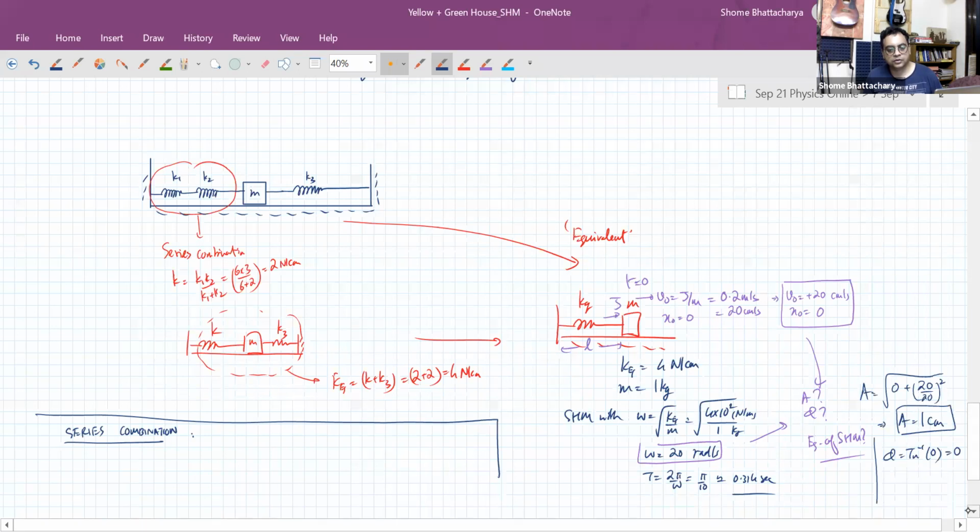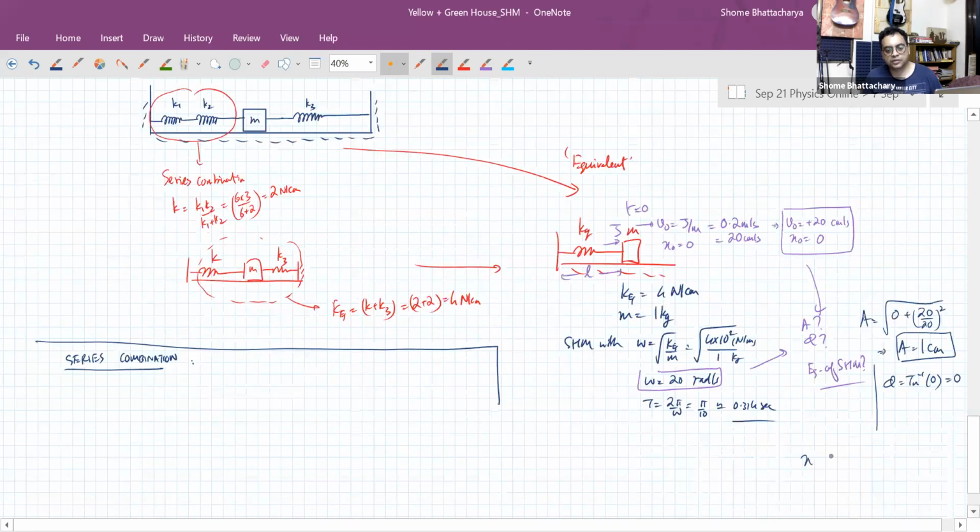Take that as 0. So our equation of SHM will become A sine omega t. Now the amplitude is 1 centimeter and omega is 20 radians per second.